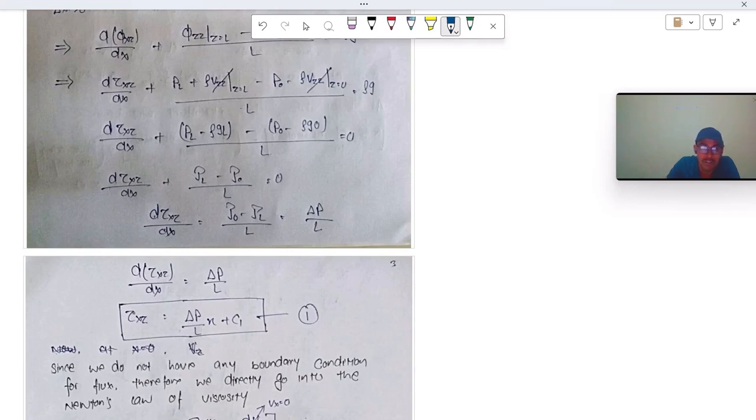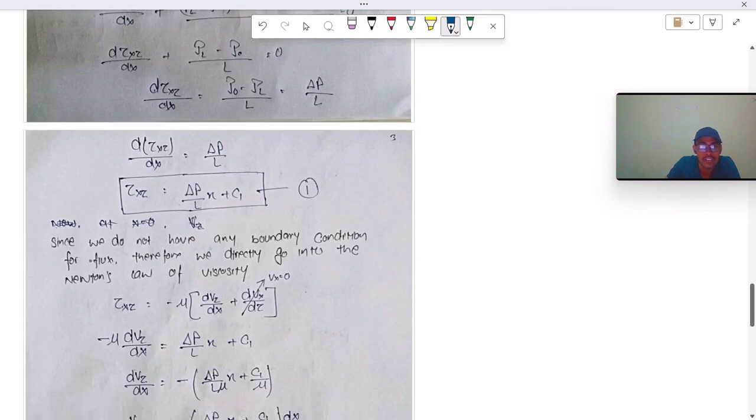On integrating, we get the reduced form of tau xz is equal to delta P by L times x plus C1. Since we do not have any boundary condition for flux, we go directly to Newton's law of viscosity. So by putting the value of tau xz, that is minus mu times dou vz upon dou x plus dou vx upon dou z, and since we know that vx is equal to 0, this term will be 0 and this term will be non-zero.